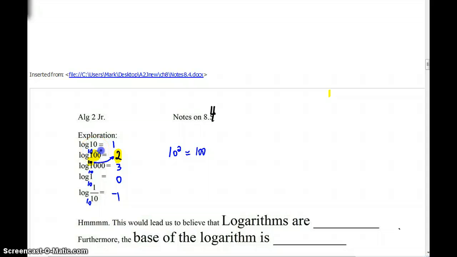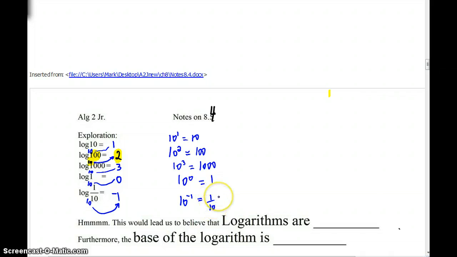Look up here, we'd have 10 to the 1 power would equal 10. Look at this third example, 10 to the third power equals 1,000. Look at this, 10 to the 0 power. Any non-zero number raised to the 0 power is 1. And super important, our relationship with negative exponents, something we can't forget. 10 to a -1 power, well, that's the reciprocal.